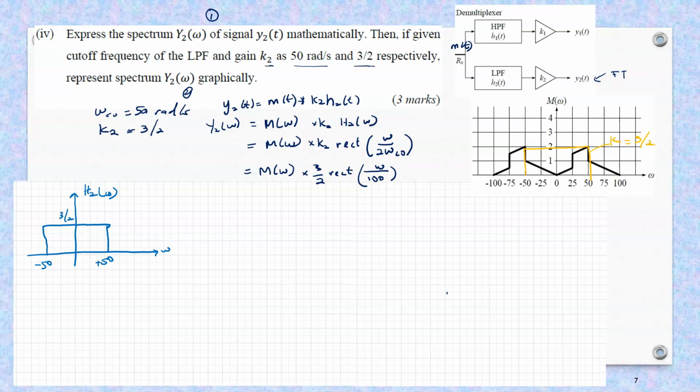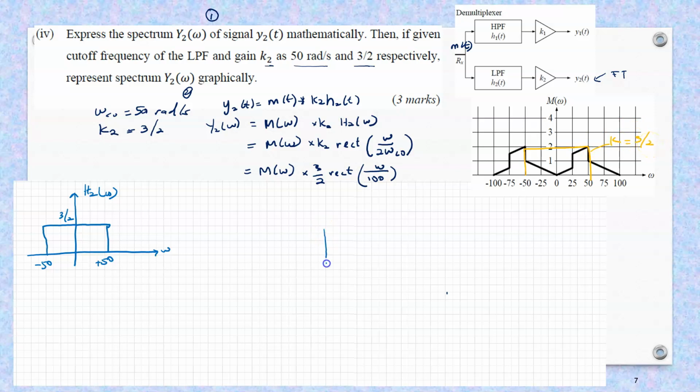Basically we retain whatever is in the yellow box here. So we can draw Y2 omega, and also the highest amplitude here. What we have to do is multiply by 3/2: 2 multiplied by 3/2 is 3.